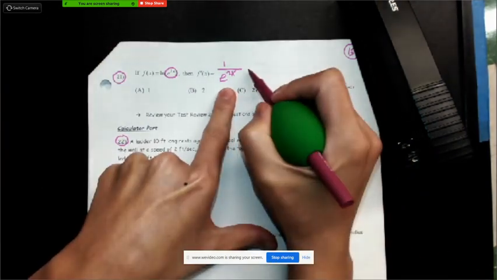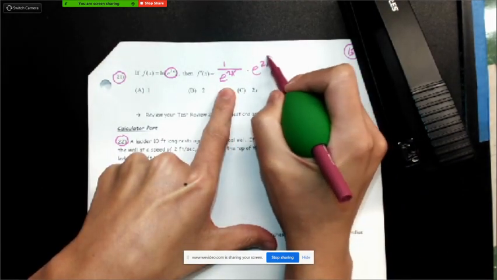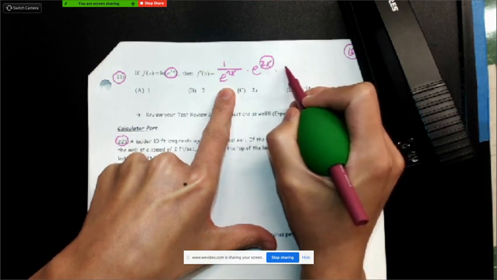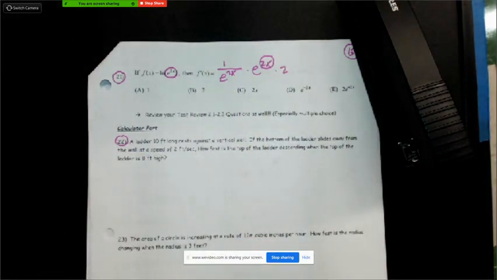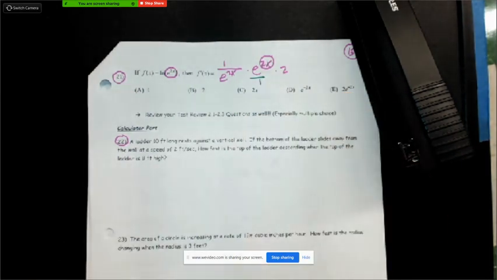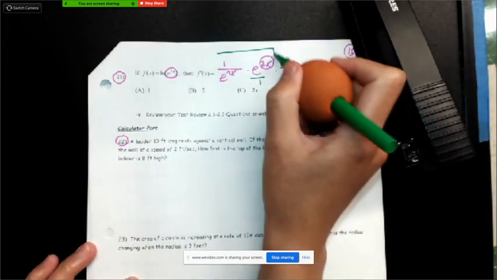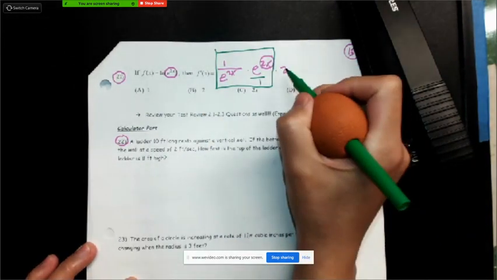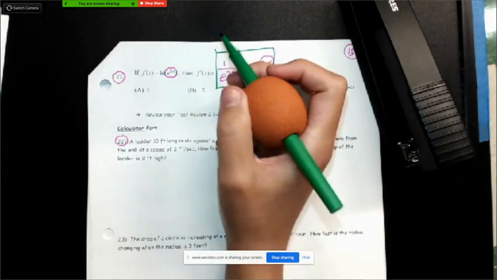When I do, I keep that as it is and derive the exponent. What's the exponent derivative? 2. Now, technically, if I have anything without a fraction, it is over 1, right? So what do I know about all of these? They cancel. So we know our final answer is 2. So looking at this, it's got to be B.